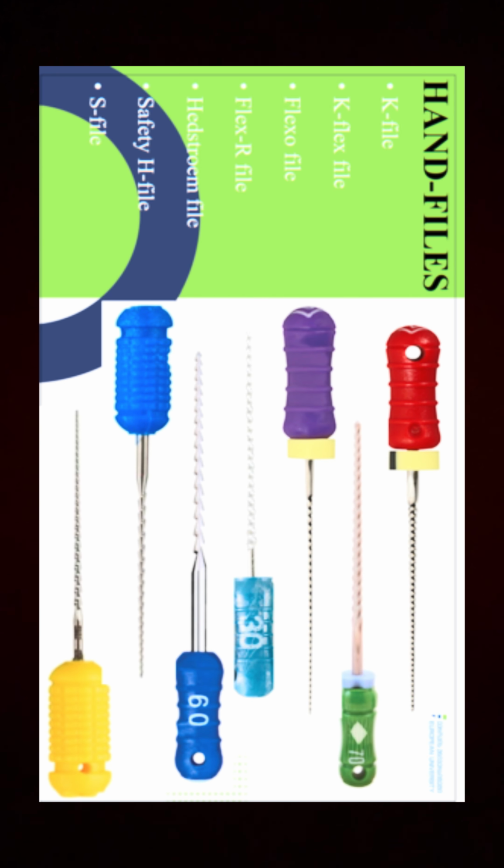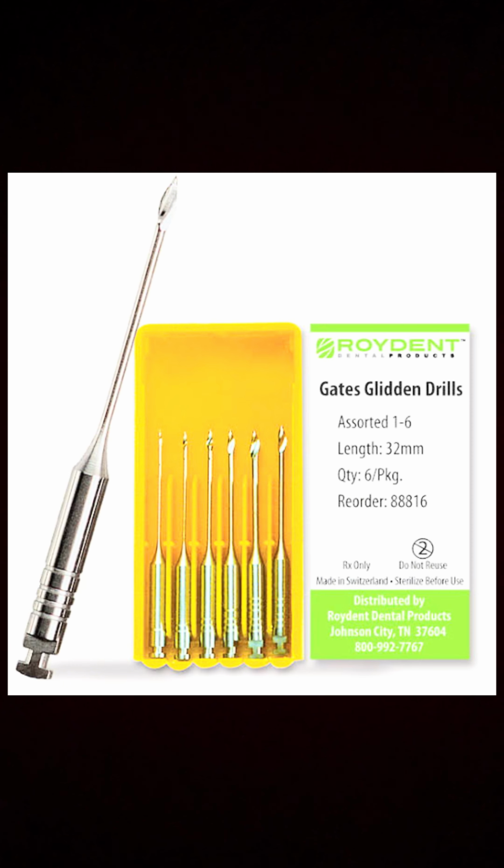Durr burs are designed similar to the Gates Glidden drill but have a flexible shaft. The Gates Glidden drill is used to remove the lingual shoulder during access preparation of the anterior teeth and enlarge root canal orifices. Peeso reamer has long sharp flutes connected to a thick shaft.